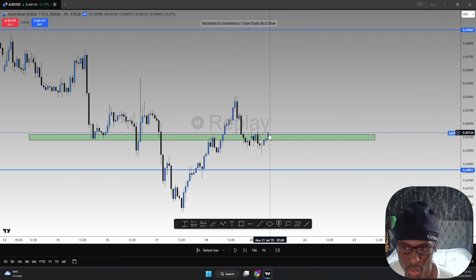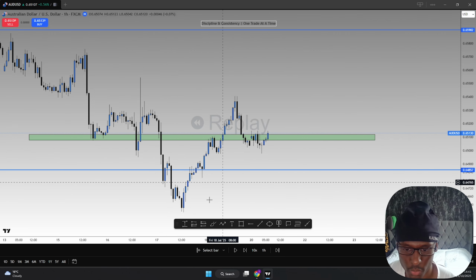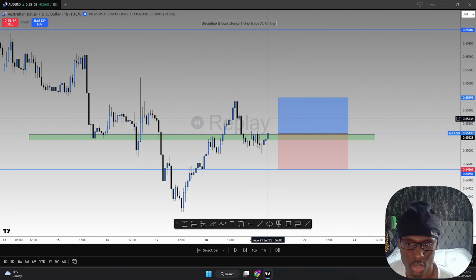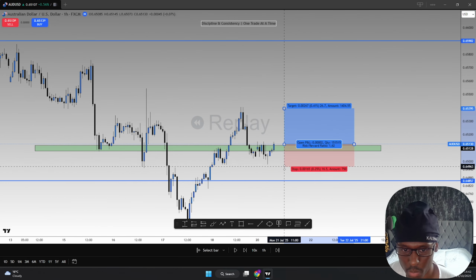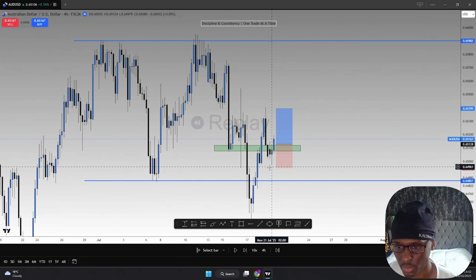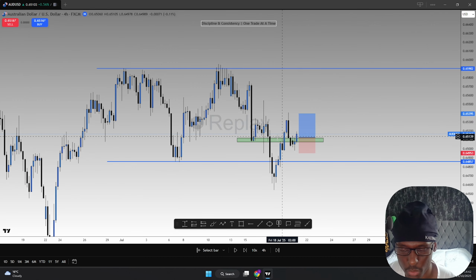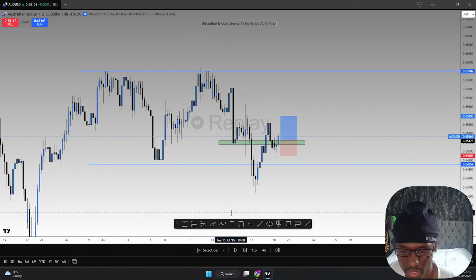All right, boom, we've got our confirmation with a rejection of this level of support, and it's potentially forming a head and shoulders on the 4-hour. So now you can put your stops at this low, because we know price is potentially forming a head and shoulders. So if price is to respect this head and shoulders, we shouldn't break below this low.